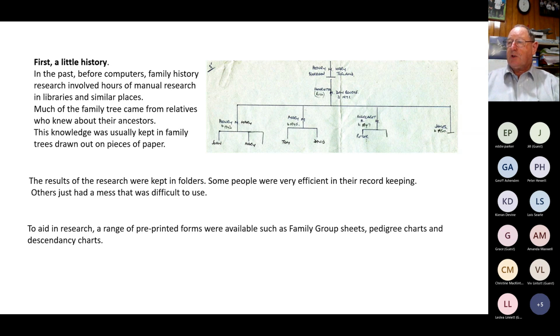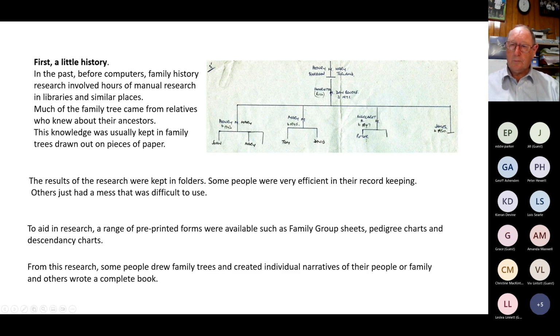To aid in research, a range of pre-printed forms were available, such as family group sheets, pedigree charts, and descendancy charts, which I'm sure you're all well familiar with. From this research, some people drew family trees and created individual narratives of their people or family, and others actually wrote a complete book.